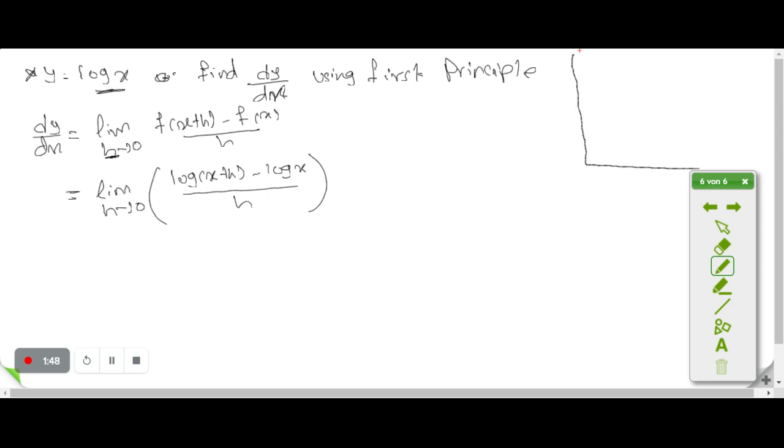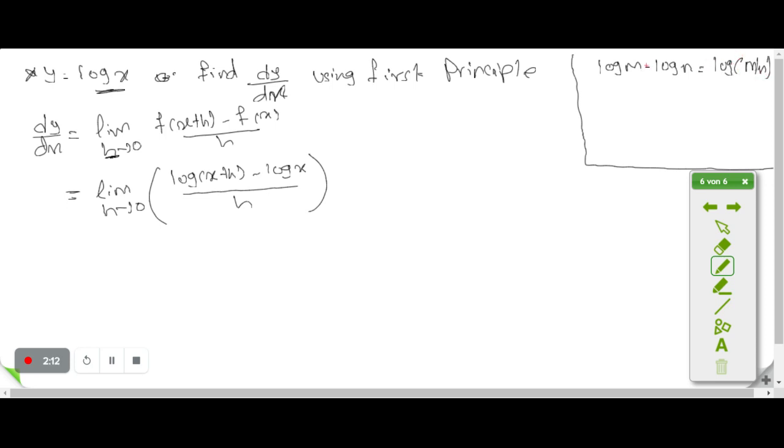So I'm going to draw a square here, and you know that log of m minus log n is log of m upon n. As here we have a subtraction of two terms, log m minus log n is given by log of m divided by n.